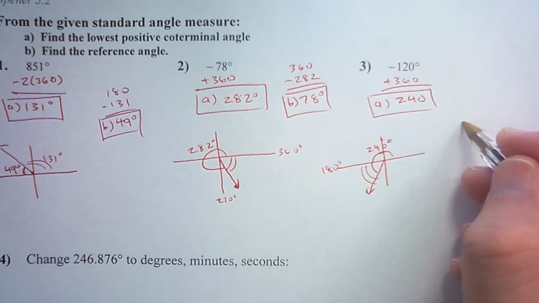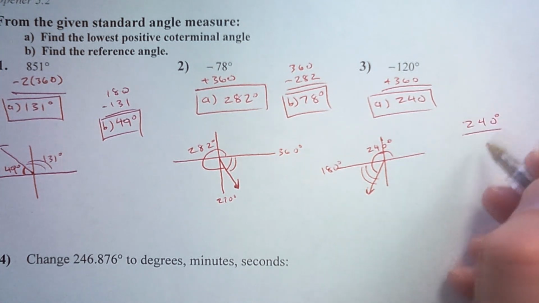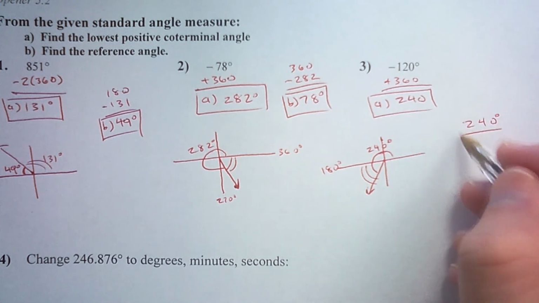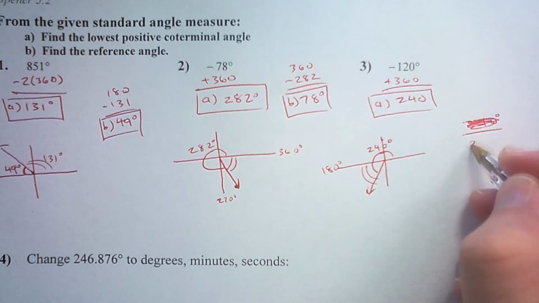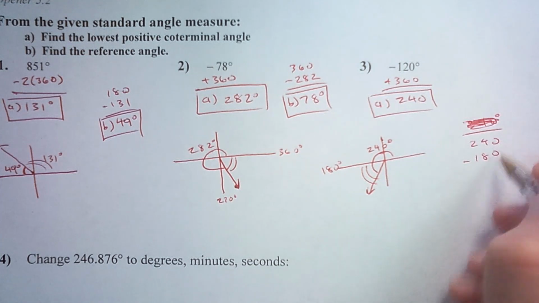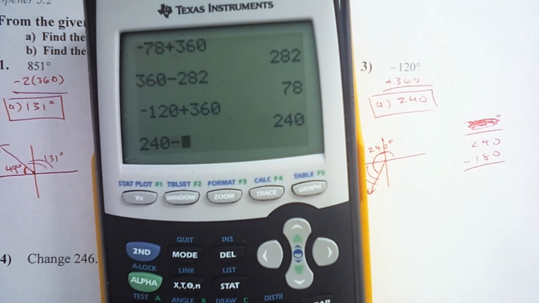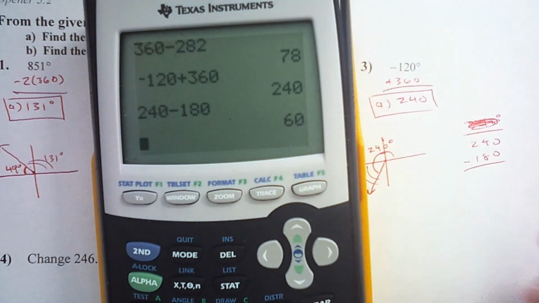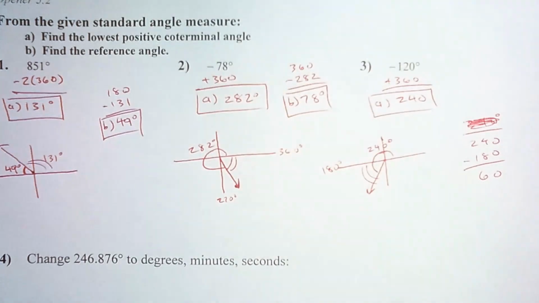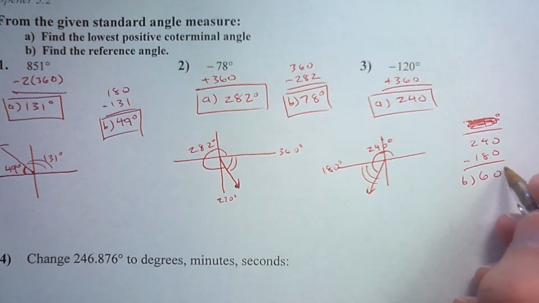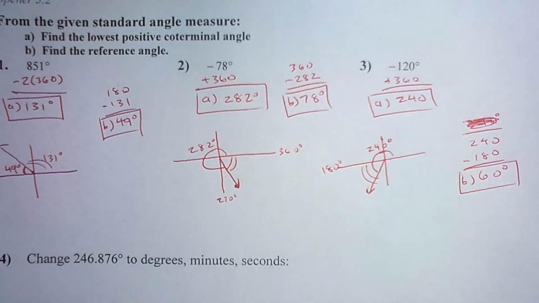So this time I'm going to do 240 degrees minus 180, and that is 60. So B, the reference angle, is 60 degrees.